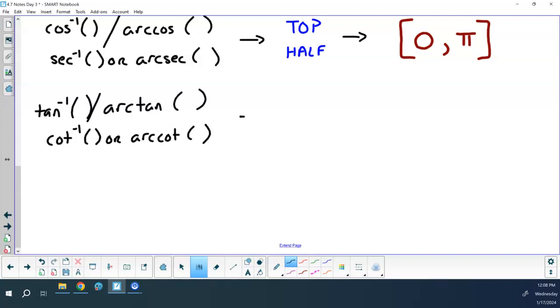Where are we looking for that one? Top half, right half, left half, bottom half.